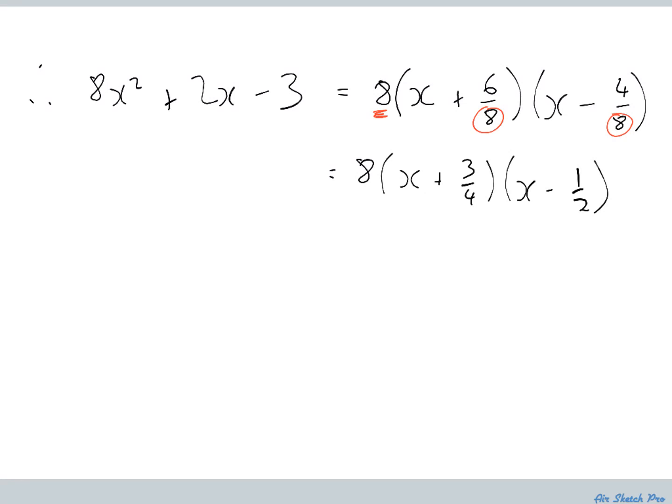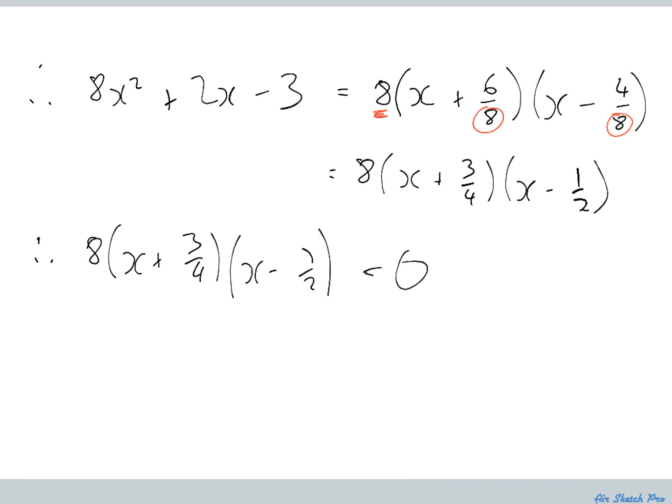But do you remember what I said to you? I said that generally speaking, the reason for factorising a quadratic is so I can solve for x. Okay? So if I'm solving for x, then I would just leave it in fraction form.